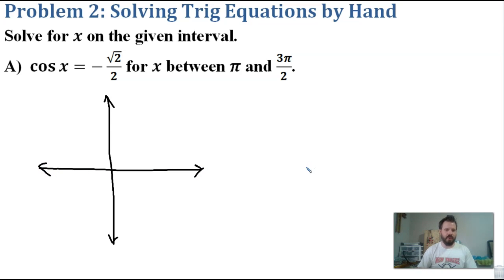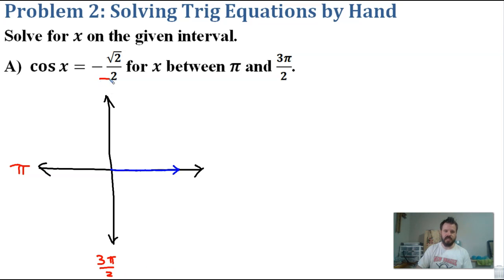And first thing we want to do is figure out which quadrant this solution is going to be in. Okay, as we rotate around our coordinate system, I'm going to put an angle in standard position here to start off with. I know that half a rotation is pi, same thing as 180 degrees, or here's my pi. Okay, 3/4 of a rotation is 270 degrees, in other words, 3 pi over 2.